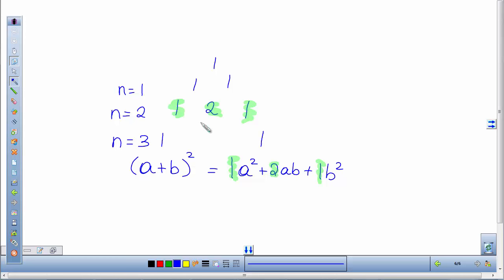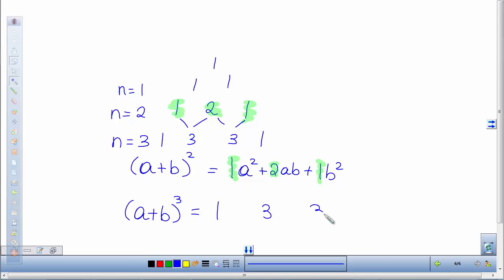Then I get two more sums: 1 plus 2 gives me 3, and 2 plus 1 gives me 3. So when I cube my binomial, I'm going to have 4 terms, and the coefficients on my 4 terms are going to be 1, 3, 3, and 1.